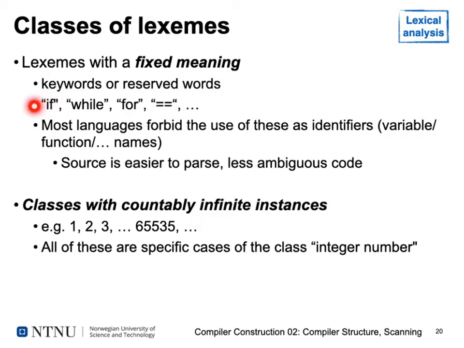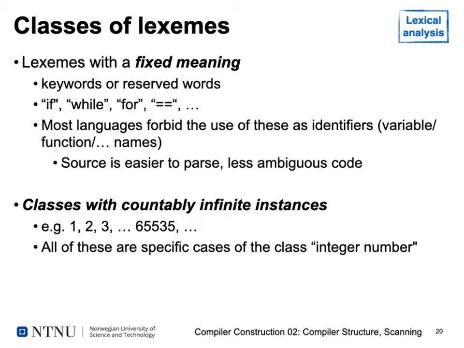So we have, for example, if, while, for, but also something that wouldn't ordinarily in natural languages be recognized as a word, like the equals equals operator, which is also reserved. You cannot name a variable equals equals. Most languages forbid the use of these reserved fixed meaning lexemes as identifiers, so variable or function names, which makes the source easier to parse and which makes your program less ambiguous.